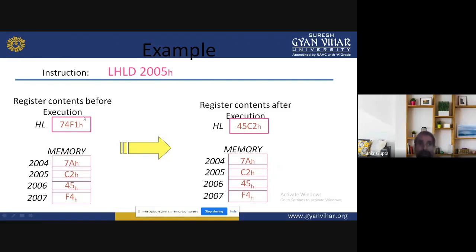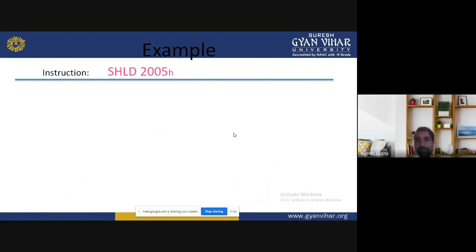Suppose the HL pair initially has 74F1. When we write LHLD 2005, 2005 has C2 and 2006 has 45. So C2 will be loaded to L and 45 is loaded to H. So these two data will be loaded to the HL pair.